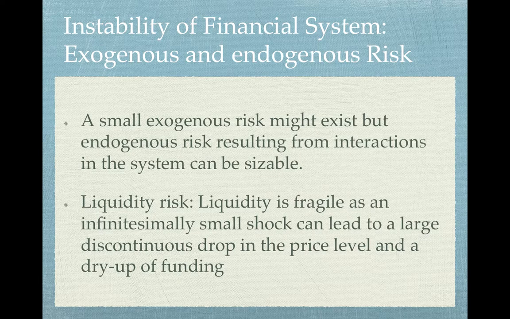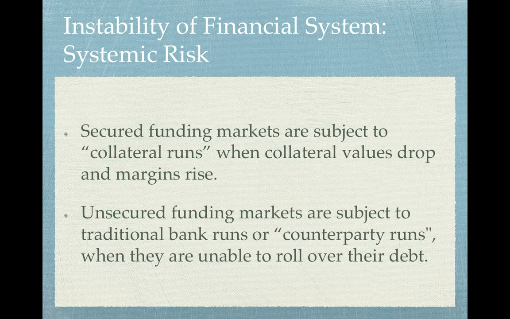The other kind of risk that we need to talk about is the liquidity risk. Now, liquidity is fragile. For example, we saw earlier that an infinitesimally small shock can lead to a large discontinuous drop in the price level and a dry up of funding, something that also happened in the recent financial crisis.